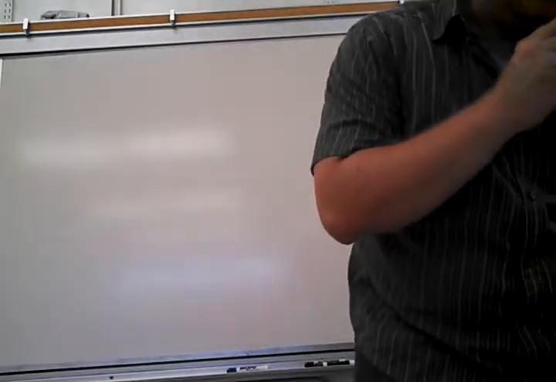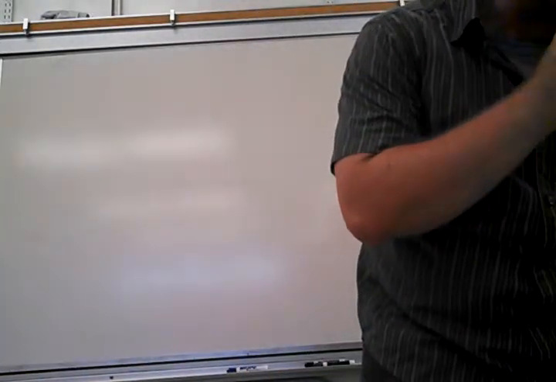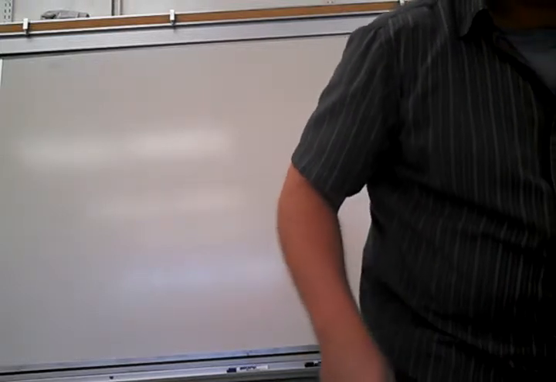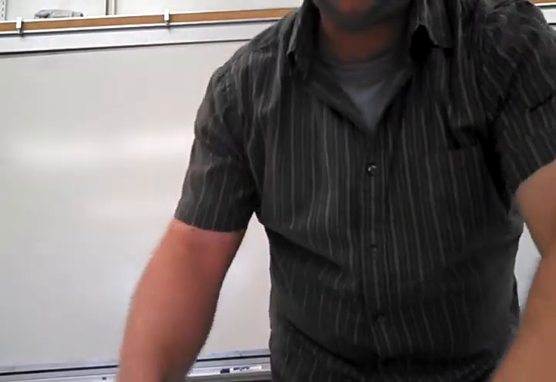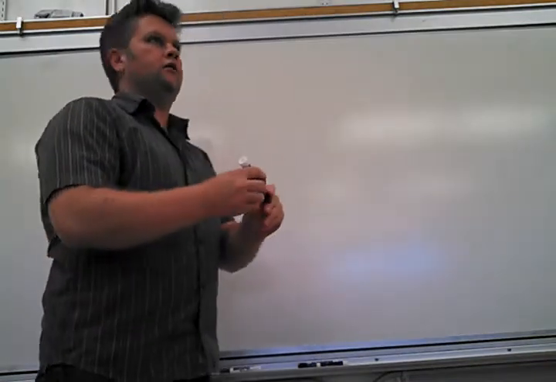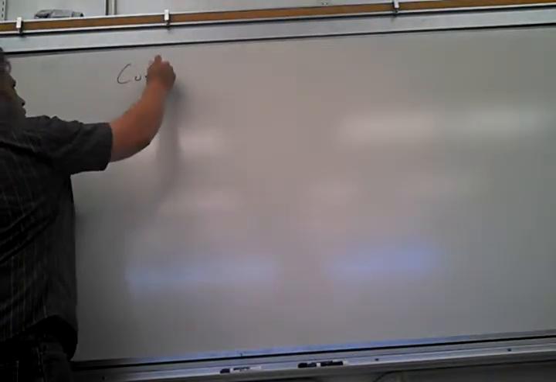Okay. So what we're doing now, section 3.1 might have some new stuff in it. Section 3.2 definitely will have some new stuff in it. And the very first thing I want to do is do a little review of something called completing the square.